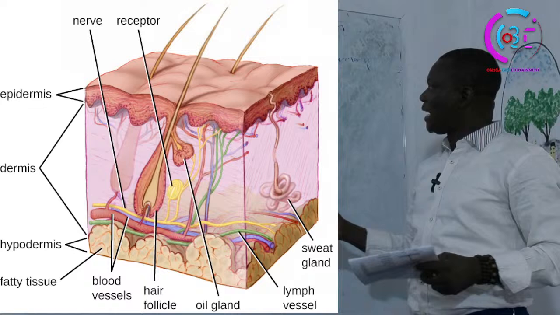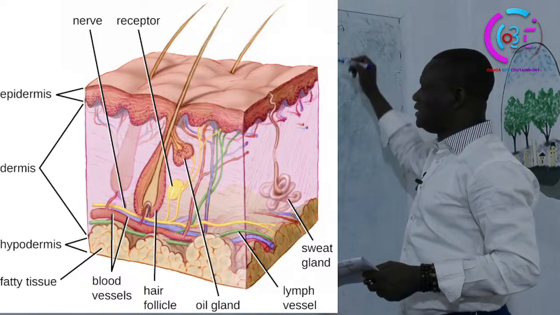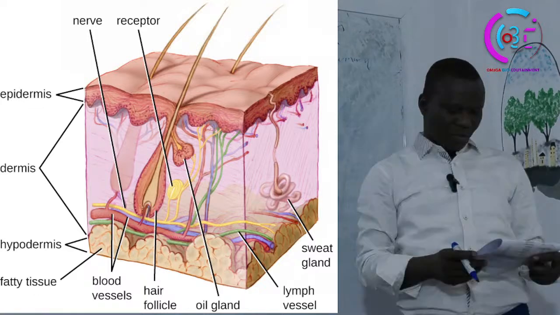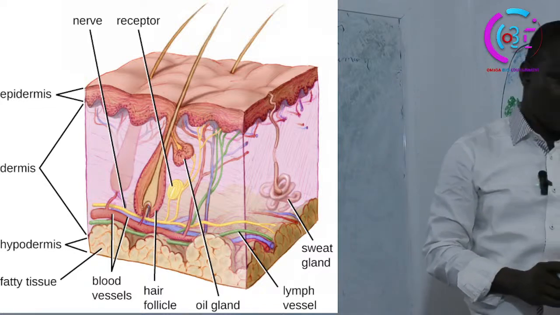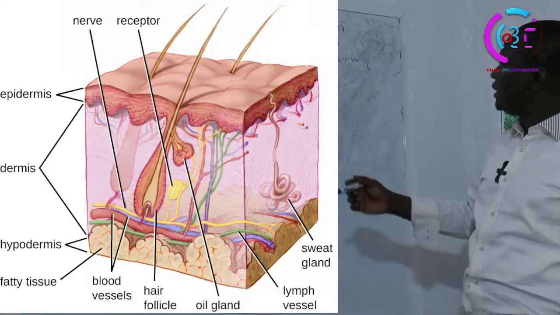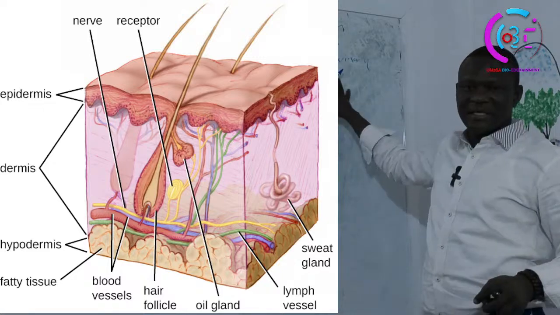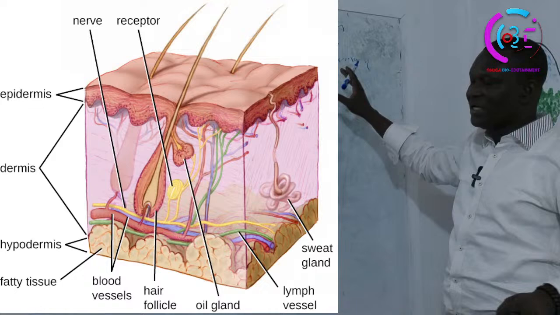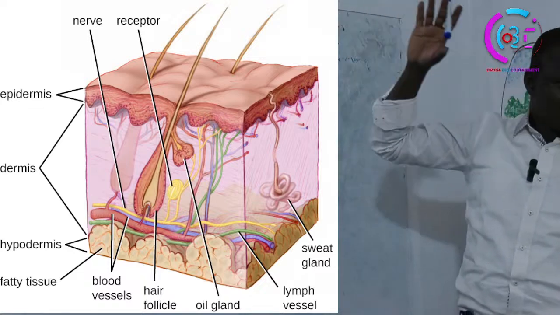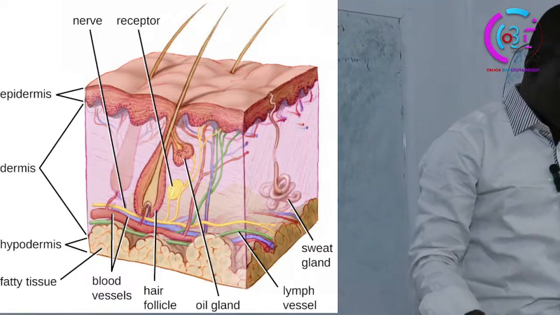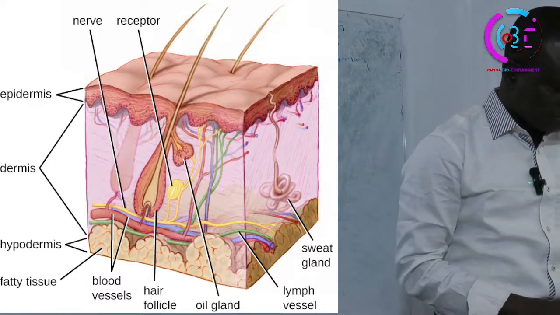All these are armed with movement of the epithelial cells that will prevent the establishment of bacteria or pathogens in the host. And just like I told you, the epithelial cell is highly keratinized, and because of that, it is going to make sure that the microorganism does not establish itself in the host.